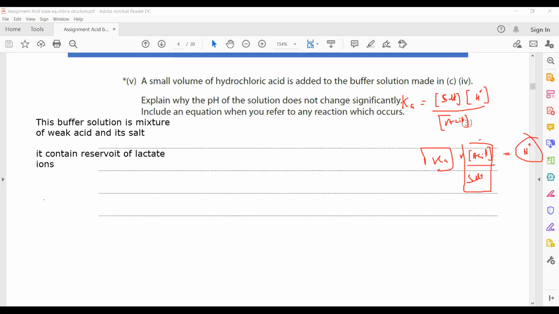But what happens if I add an acid? The equation was, we have this lactic acid, CH3CH(OH)COOH. It will dissociate into CH3CH(OH)COO minus and H plus.